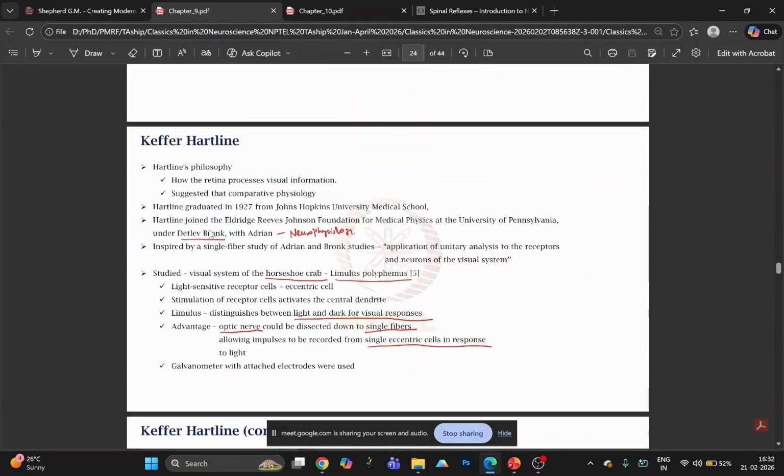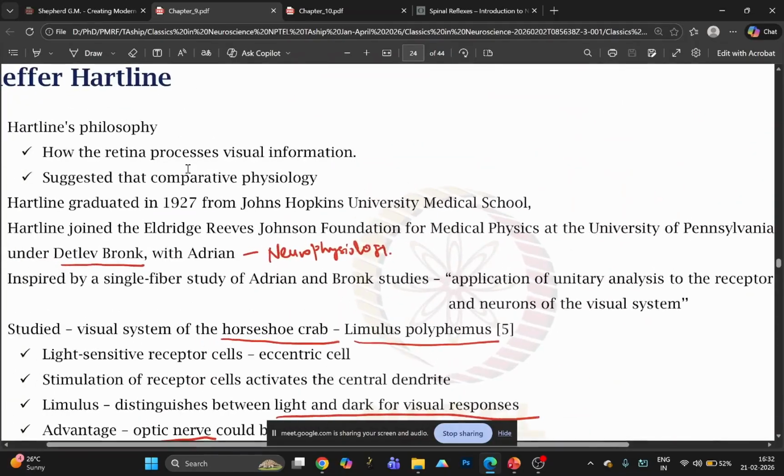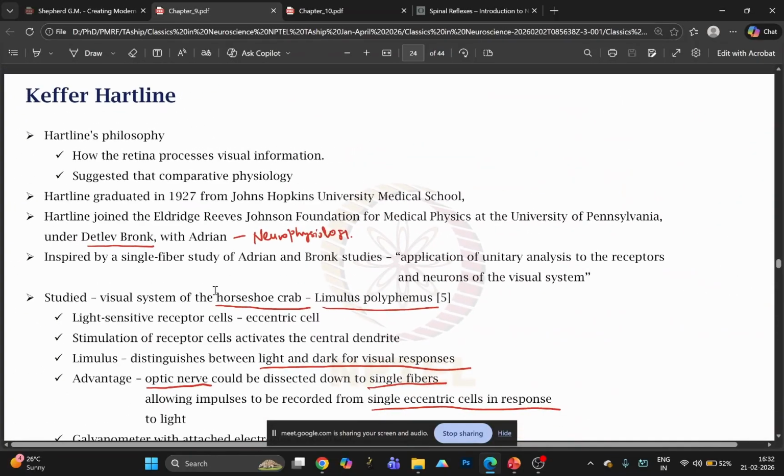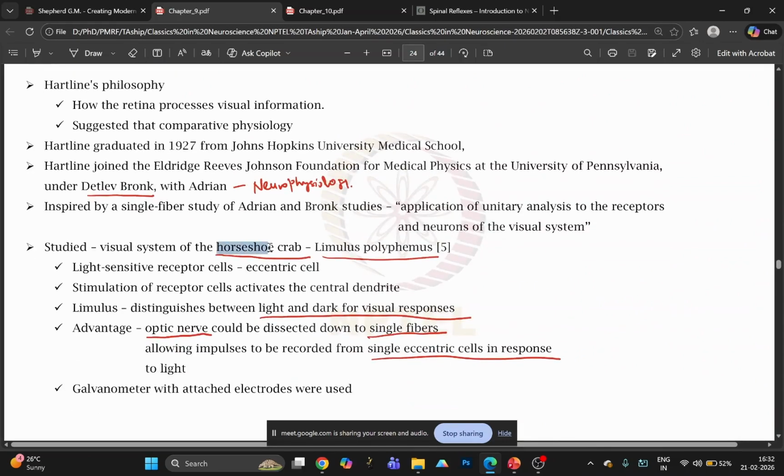Yes, Keffer Hartline studied the horseshoe crab, Limulus polyphemus. And he studied the visual system. And why did he use the Limulus polyphemus? It is because the visual system of this crab has light sensitive receptor cells, and these light sensitive receptor cells surround an eccentric cell.